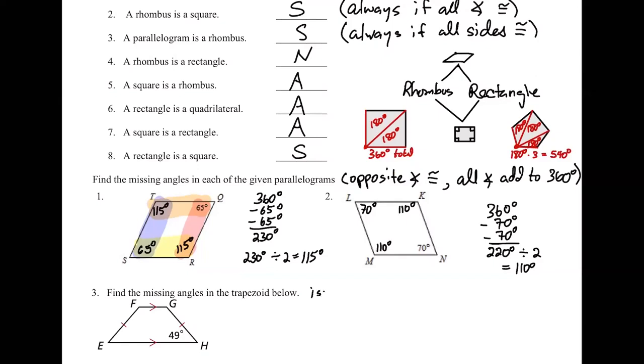Right? So isosceles trapezoid, because the non-parallel sides are congruent. So that would be these two sides, this one and this one.